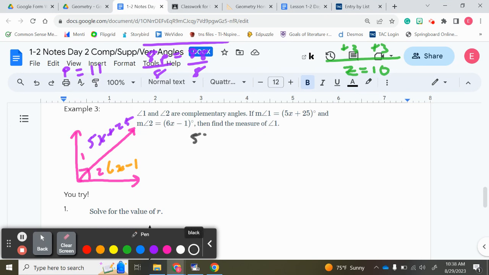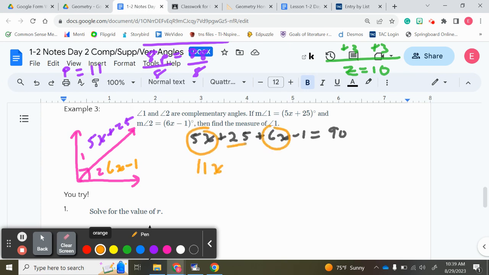So I'm going to have 5x plus 25 plus 6x minus 1 equals 90 degrees. Okay? From here, I combine my like terms. I have a 5x and a 6x, giving me 11x. I have a 25 minus a 1, leaving me with 24.